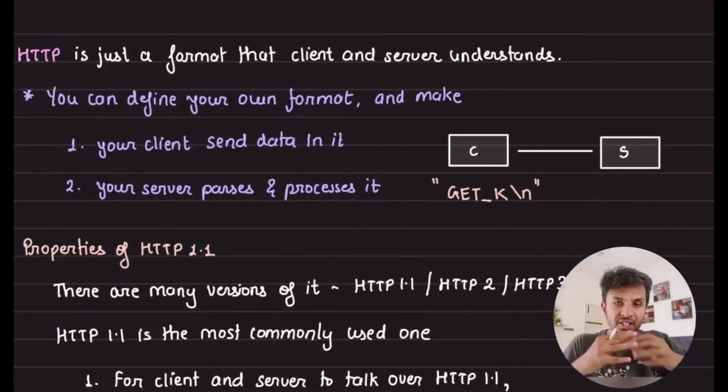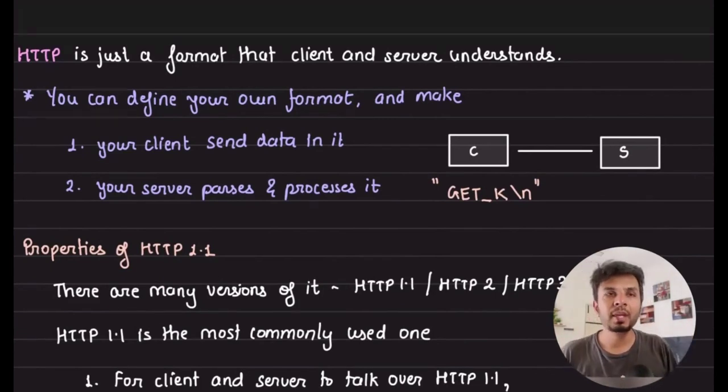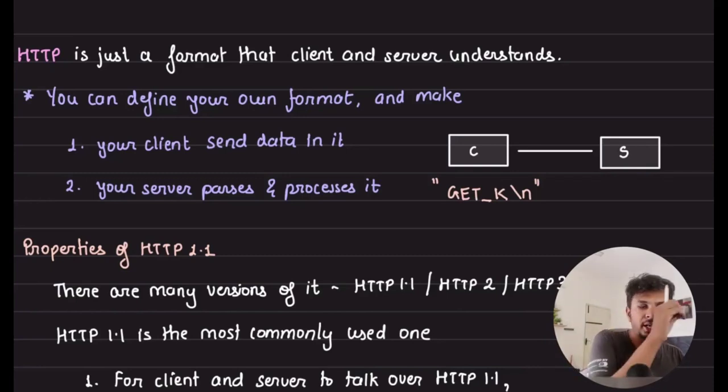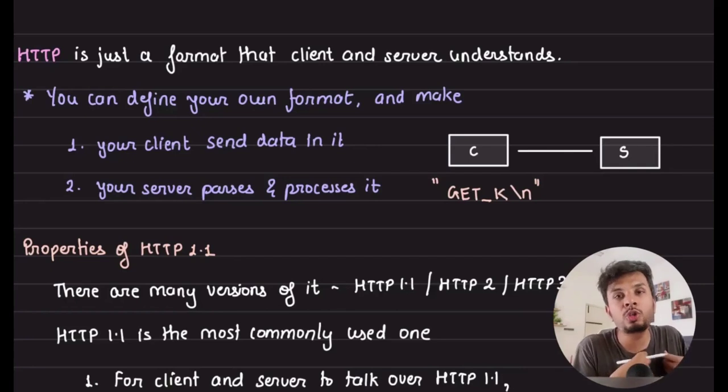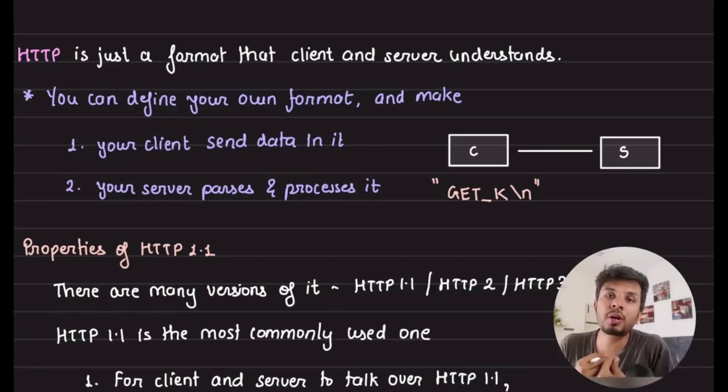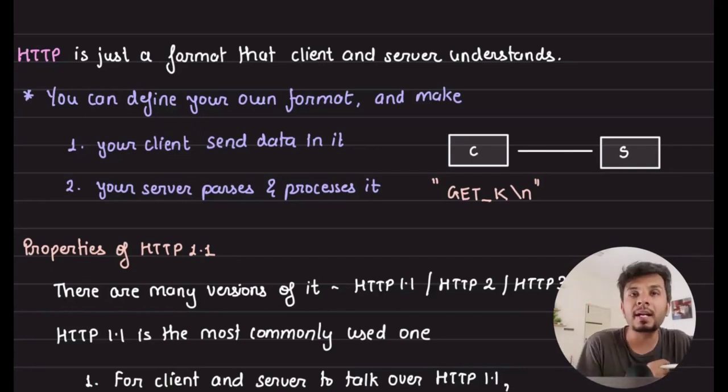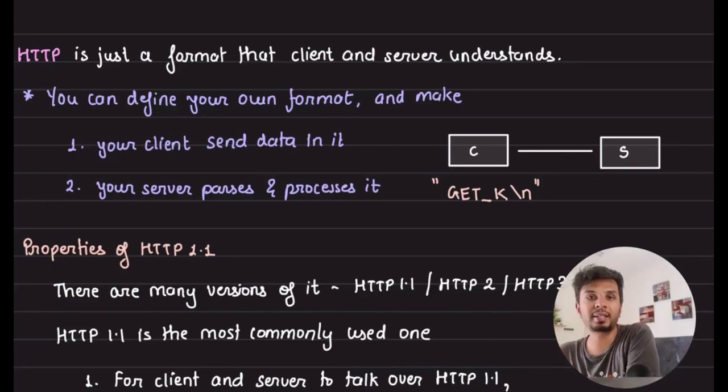Because HTTP is the most common way, we need to know it in depth. HTTP is just a format in which data is sent from the client to the server. When I say data, it means a request, which means you are telling the server what needs to be done and your server needs to understand. So HTTP is just a format through which you are able to send the data.